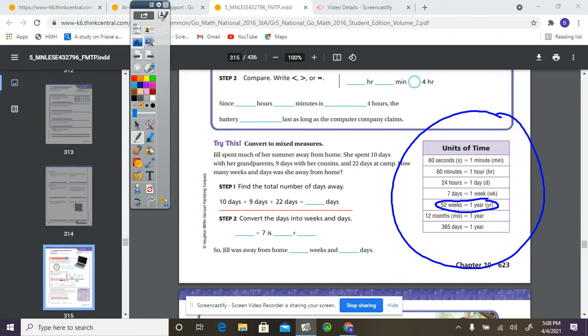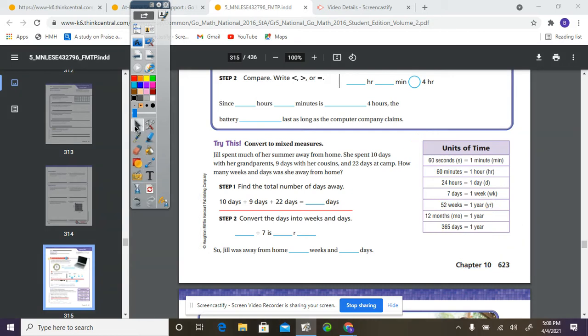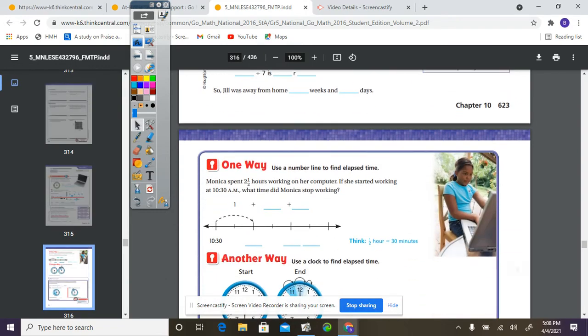There are 12 months in 1 year. And we consider 365 days in 1 year. We're not going to get into specifics of leap year and whatnot, but we're going to use the calculation 365. Okay, so this is a chart you can refer to. That's on 623.